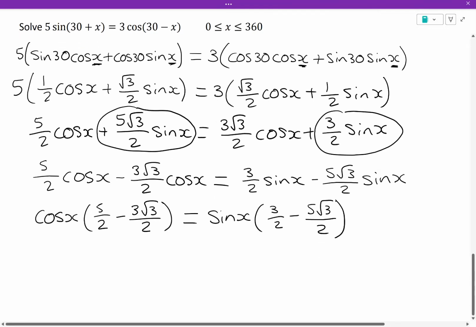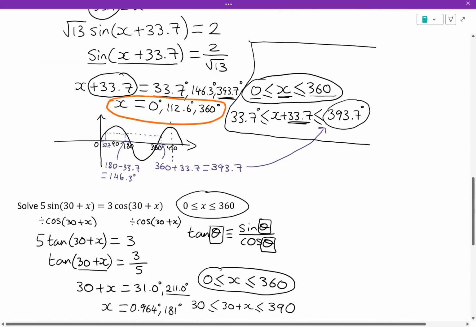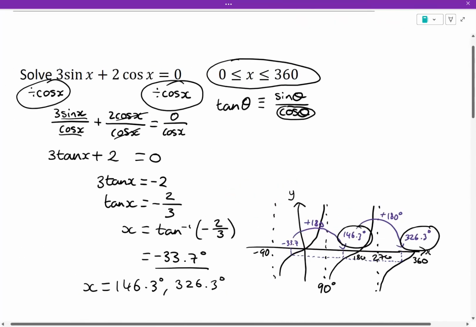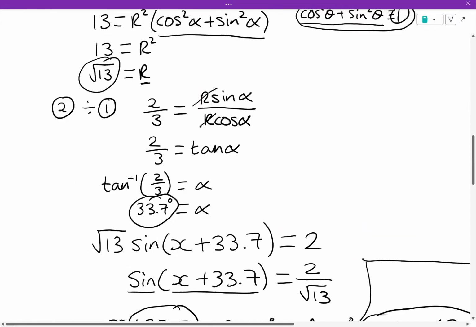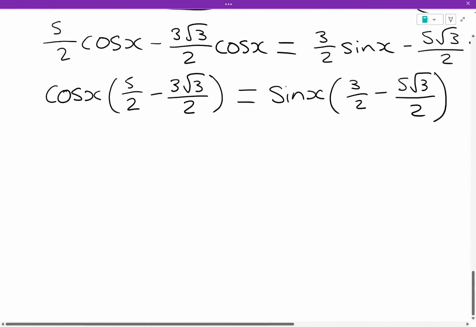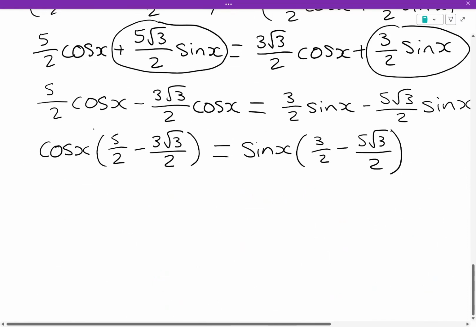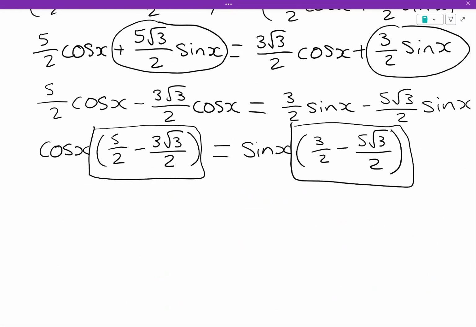Now what we can do is relate this scenario back to the very first question we had up here, because essentially we've ended up with the same scenario of a numerical value times sine and then a numerical value times cos and no other terms. So if I scroll down and look at our equation, our numerical value is this entire bracket on each side, and then we've got the cos x and the sine x multiplying them.